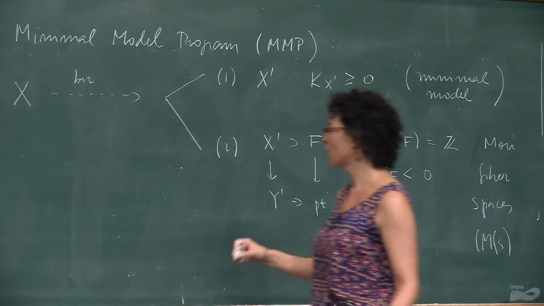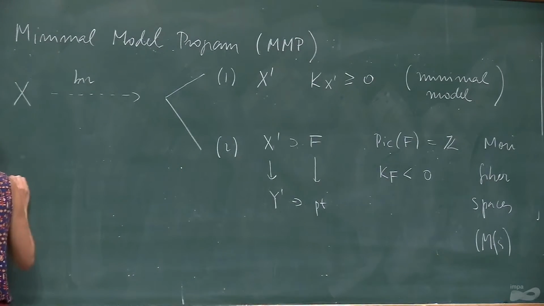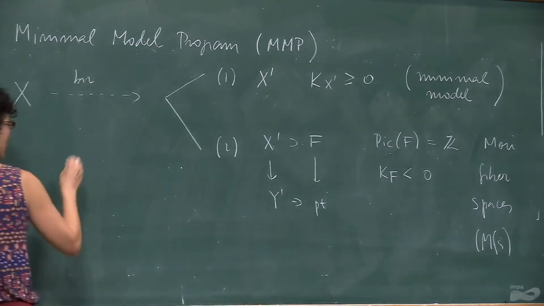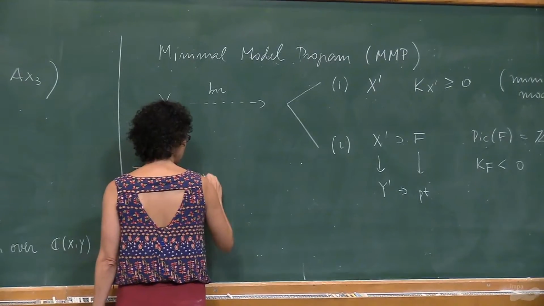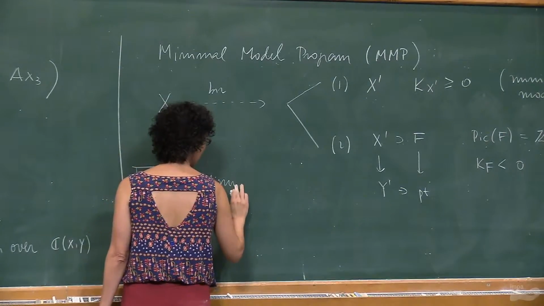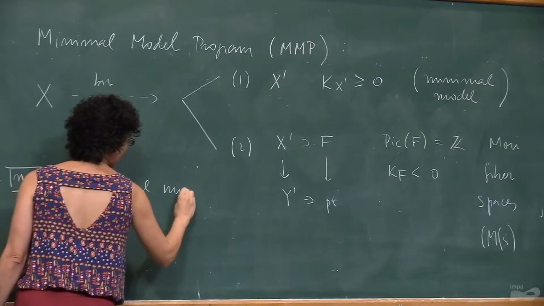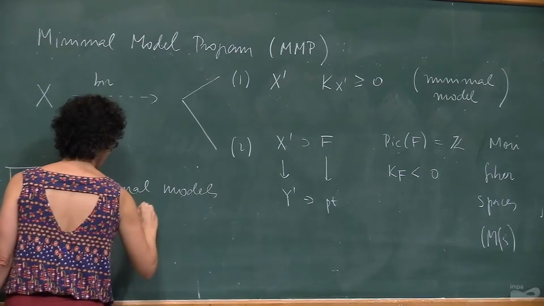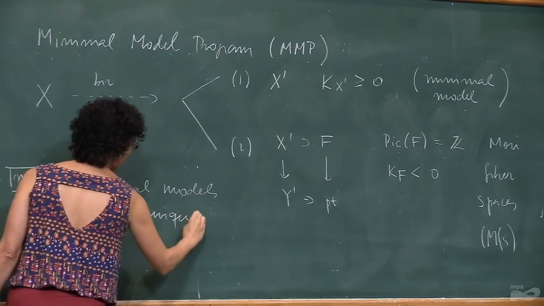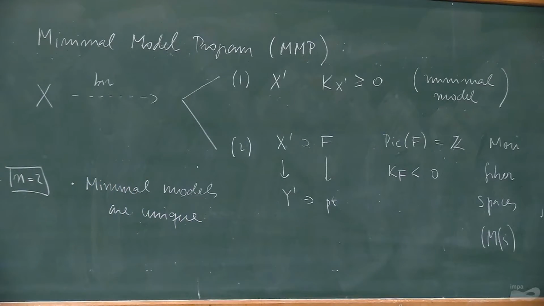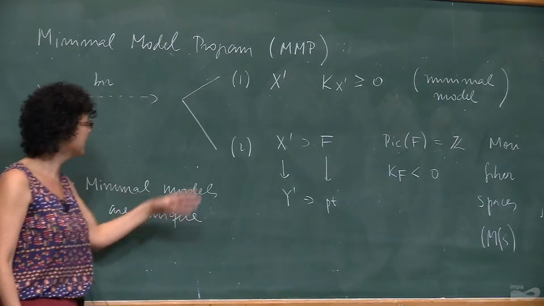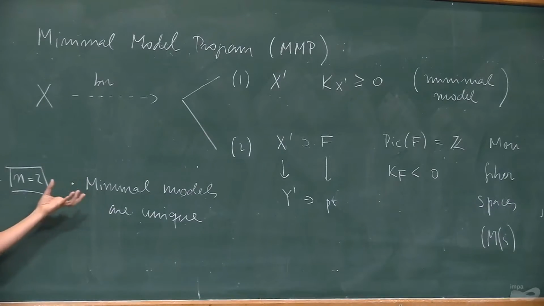2 cases. So for instance, for n equals 2, the minimal models are always unique. What does that mean? That means that if you fix the birational class of a surface, then if there is a minimal model, there is a unique minimal model in that class.